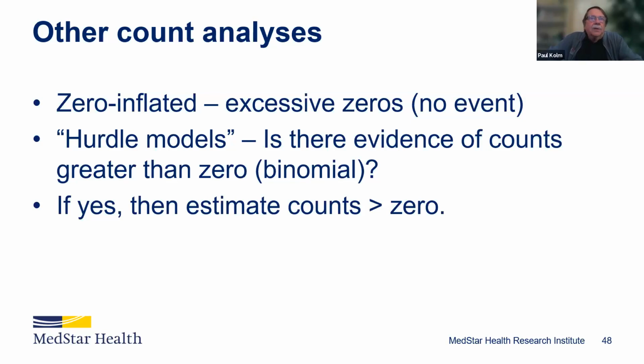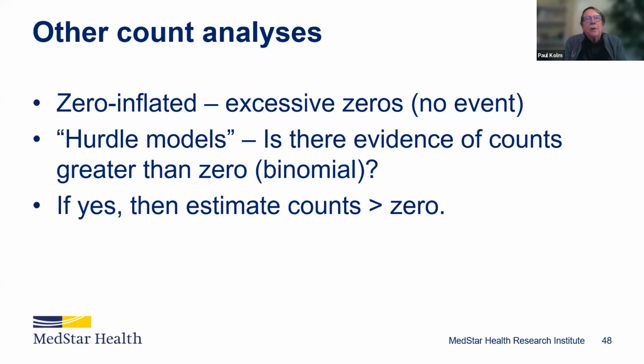And if we get a significant result or model, then we can do an analysis that estimates the counts greater than 0. In this case, we're assuming that they have some sort of count greater than 0, so we're going to do an analysis that estimates those counts. So it's like we're excluding the 0 now in this second analysis.